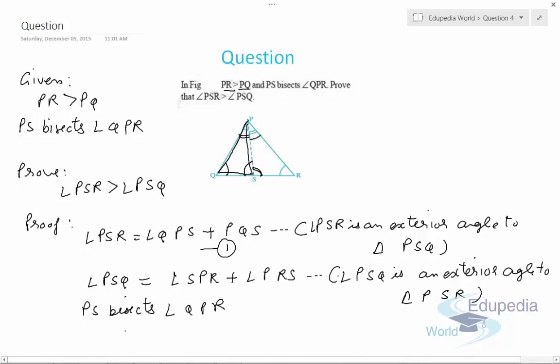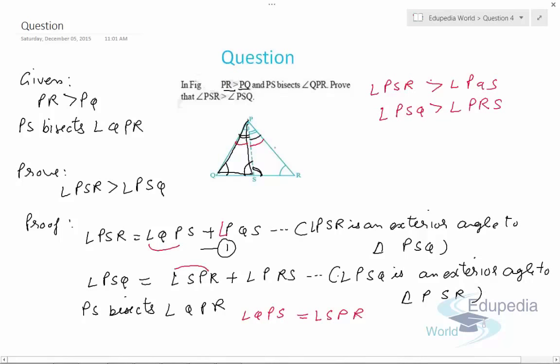So this angle is equal to this angle. We can say that angle QPS equals angle SPR. So now angle PSR is greater than angle PQS, and angle PSQ is greater than angle PRS.